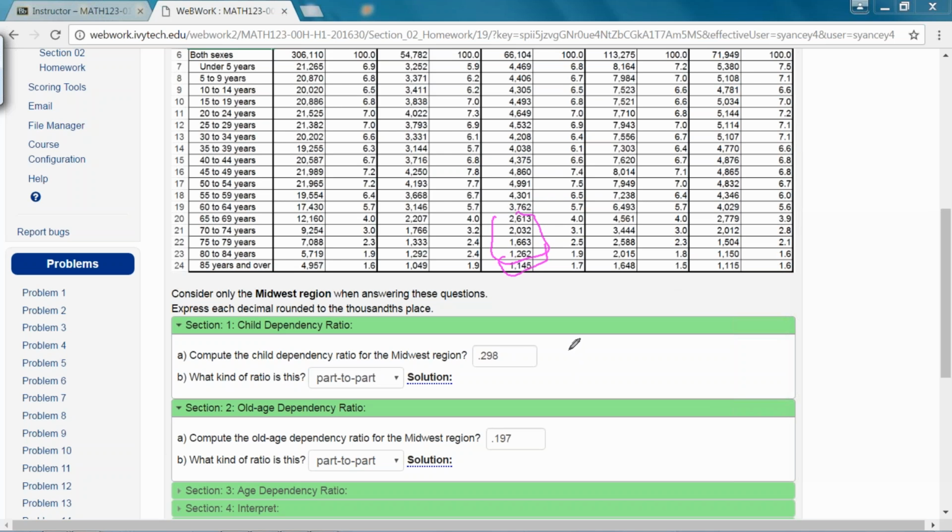When I added those, the 65 and up was 8715. Again, it's in thousands, but they're going to cancel. Divide it by the working class, not the total, and those cancel, and that comes out to be 0.197 when you round it. And it is also part to part.